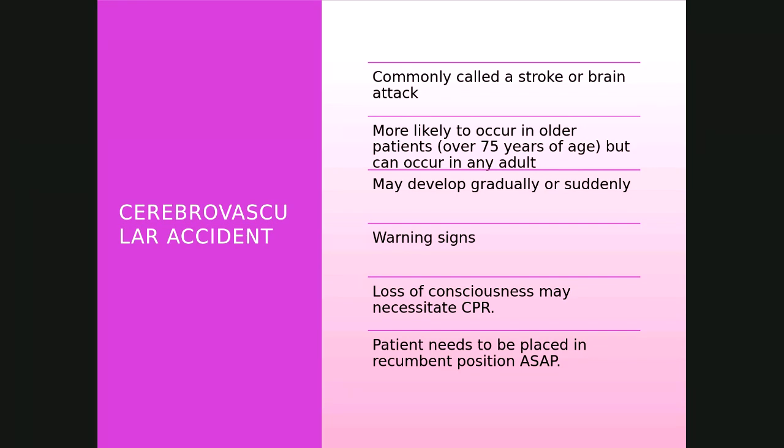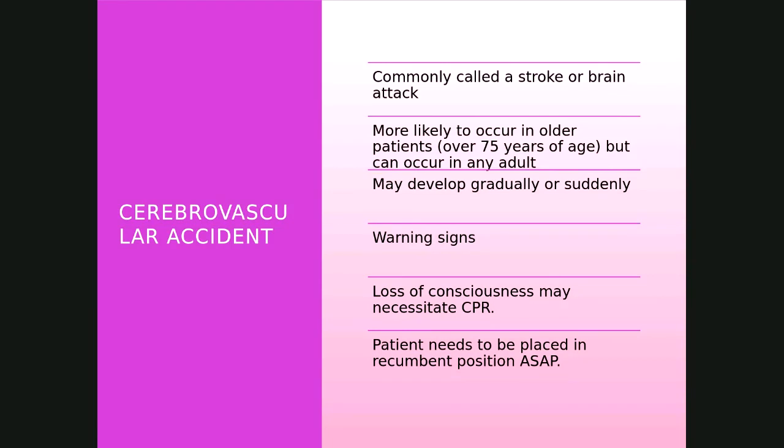If a patient that is having a stroke does lose consciousness, you have to start CPR. And patients that are having a stroke should be placed in a recumbent position or lying down as soon as possible. A lot of times when patients come in with a suspected stroke, they will fast track them through the ER because they have a limited time frame in which they can give them medication, which is typically called a clot buster.